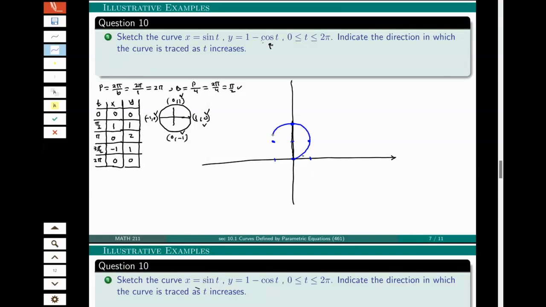So the graph is this one. Now, we started with 0, 0, then we go to 1, 1, so it will be anti-clockwise.